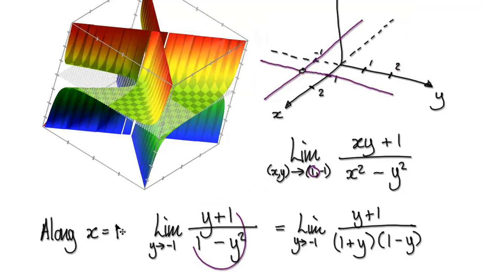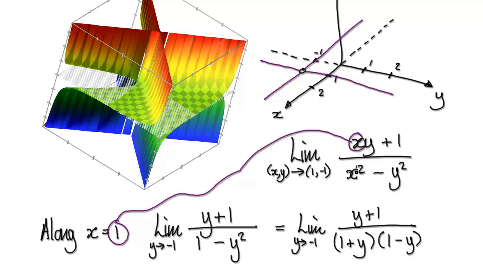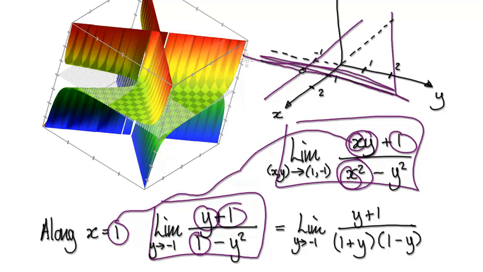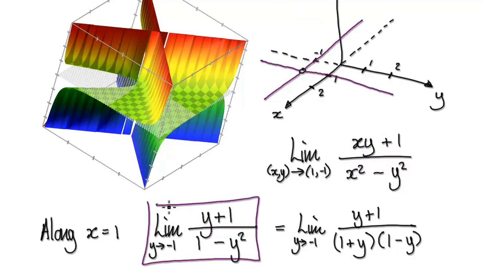So along x equals 1, you would put this into the x, so this thing here would be y. You've got 1 here, and then 1 squared would be 1. So this whole thing becomes this for this particular plane, along this line here.